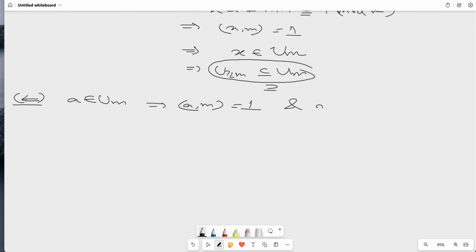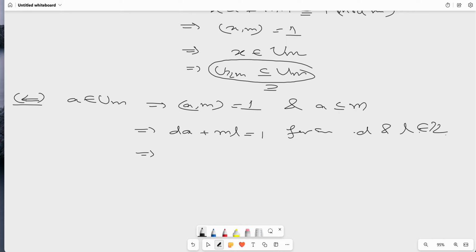And a is less than or equal to m, right? So GCD 1, what does it mean? d a plus m l equals 1 for some integers d and l. Suppose the GCD is 1, so you can write 1 as a linear combination of elements in Z, right?